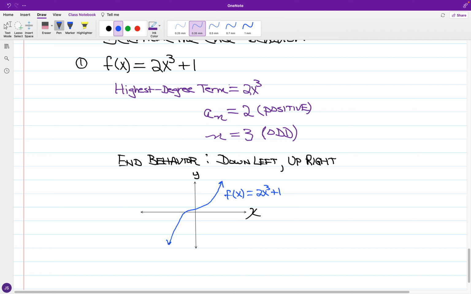This is the behavior of the graph of this particular polynomial function. So you've got the end behavior down to the left and up to the right.